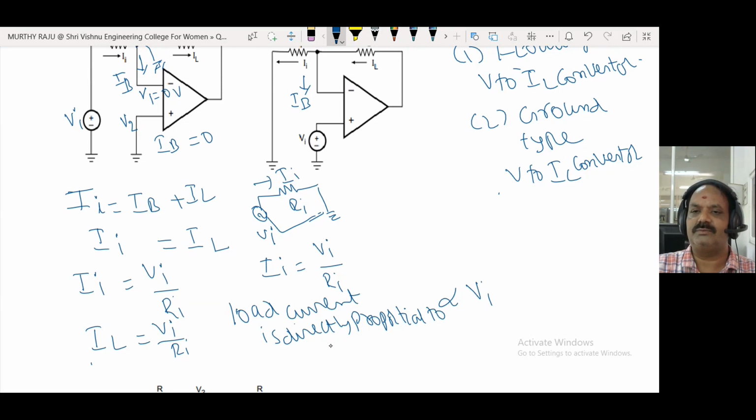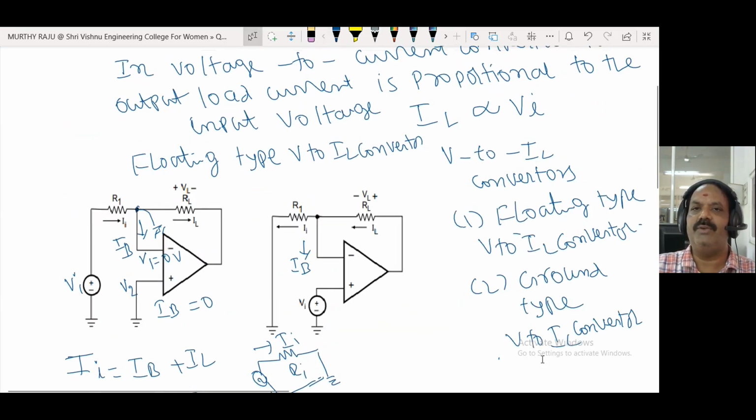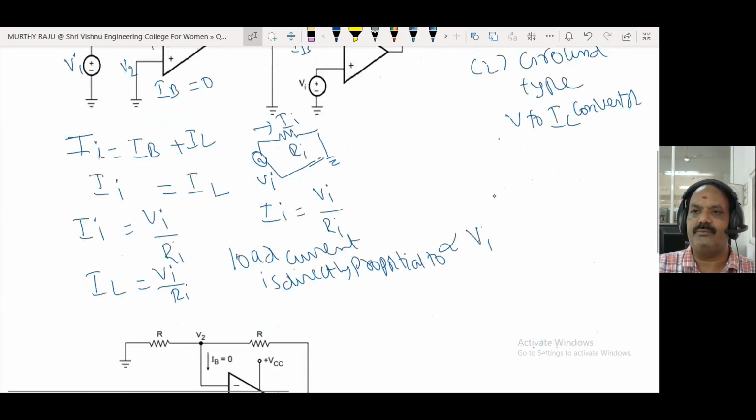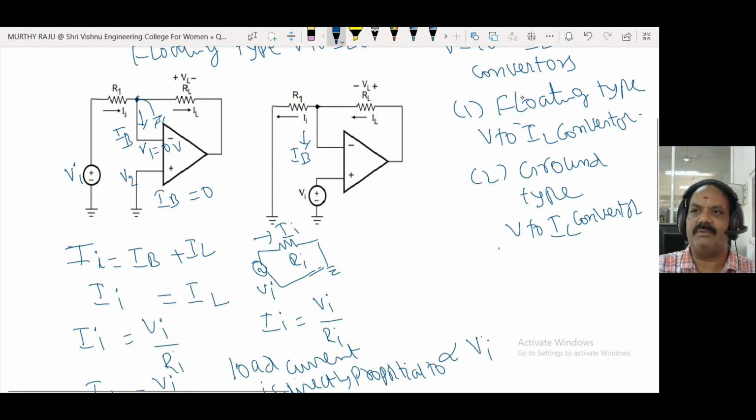That is the V2I converter. Due to this input voltage VA, the load current is produced. This is called a V2I converter, voltage to current converter. This is the floating type. Floating type means the RL is not connected to ground.